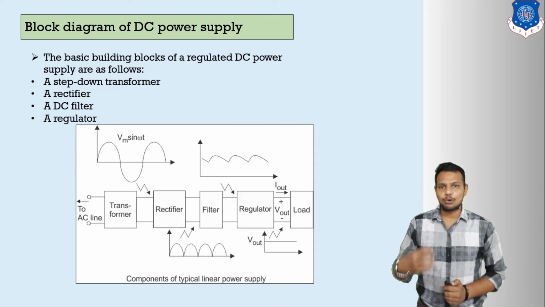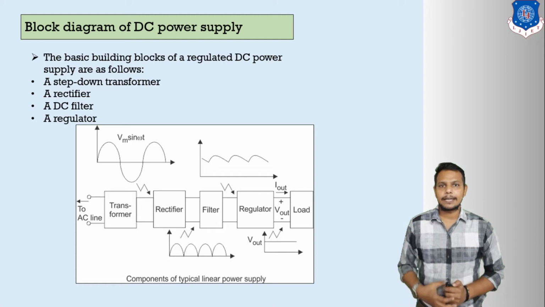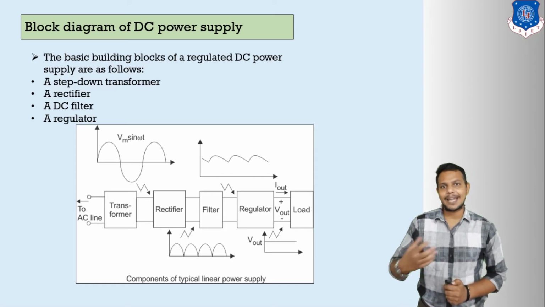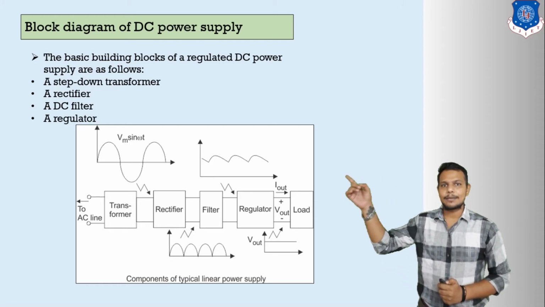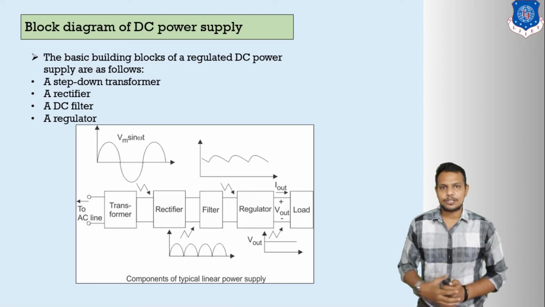If we apply this full wave into the input of the filter, then it becomes like this, because in the filter we are using a capacitor, where the capacitor works by charging and discharging. Then we will get this type of waveform after the filtration process.